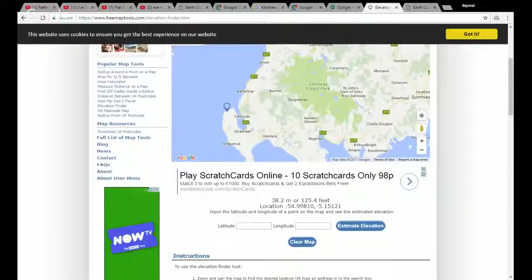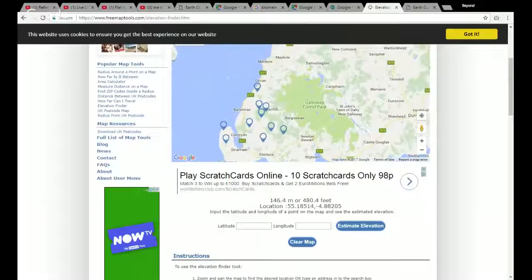So that first one, it's saying it's a height of 125 feet, 317 feet, 682, 777, 500, 400, 337, 605, 703, 480, 700, 770, 700 again.